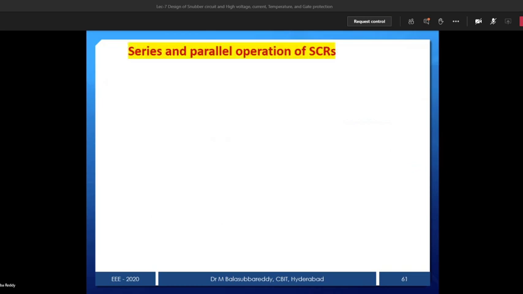Whatever I showed in the agenda titles, meaning topics, each topic is related to one question. Maybe a sub question or essay question, whether it is the characteristics of SCR, static or dynamic characteristics, or protection of SCR, or design of SCR, or series and parallel operation of SCRs.